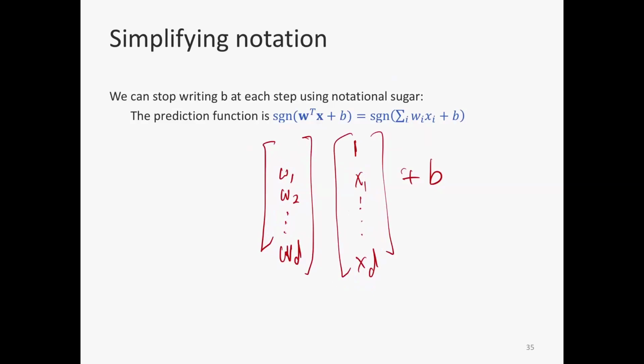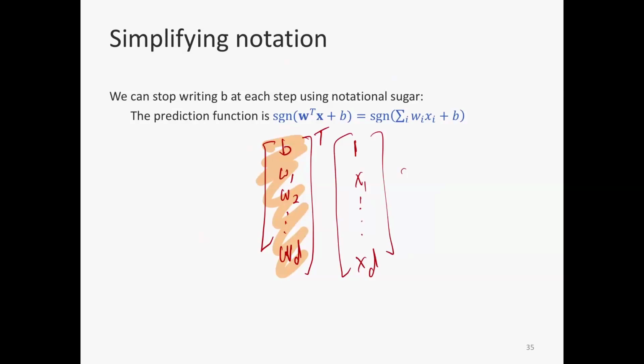If I do that and I put the b here, I get the exact same value. Because b gets multiplied with 1, the total sum here is b plus w1x1 plus w2x2 plus so on. So that means I have these d plus 1 numbers just seen as one collective weight vector, and I just have a single dot product that I need to learn. I have not done anything, all I've done is just move symbols around.